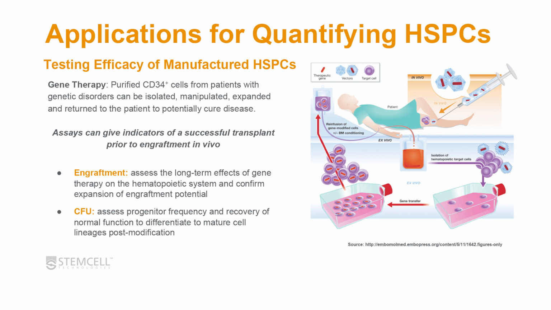If you want to treat patients, for example, with a genetic disorder like sickle cell anemia, you can purify the CD34 cells from the patient, and then with genetic editing, change those cells, correct them, in other words, manipulate them, but then they also need to be expanded before they're returned to the patient and potentially cure that patient's disease.